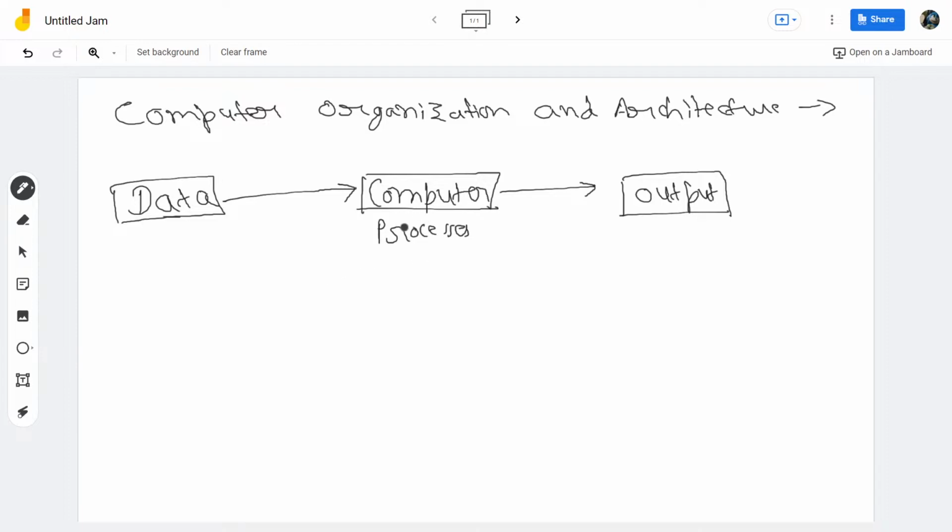It can only understand some basic logical operations such as multiplication, subtraction, addition, and all the processing is done in the form of binary. So what is binary? It is a combination of zeros and ones.